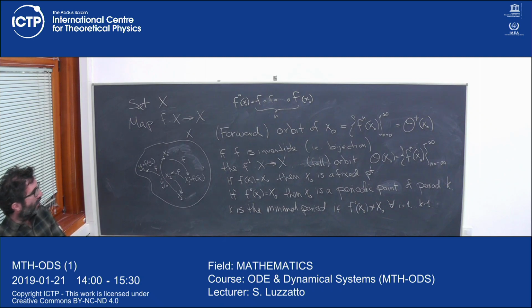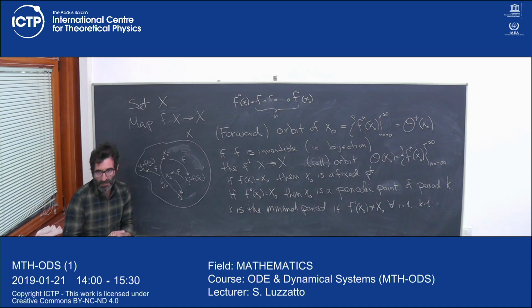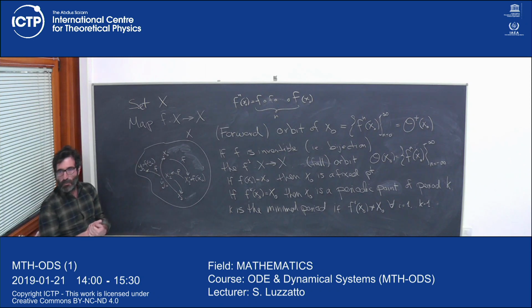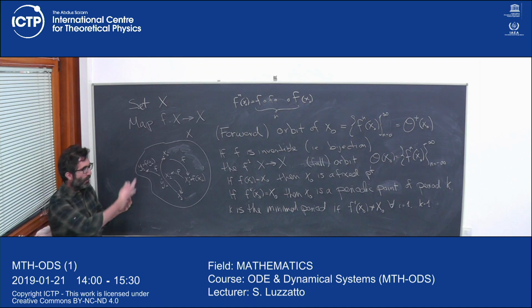As you see, it's really, there's no structure. I will now introduce, in all our examples, we will always have X to be a metric space, at least. And when you have a metric space, you can start introducing many more things, like the accumulation points of orbits and so on, which I will introduce in a second.